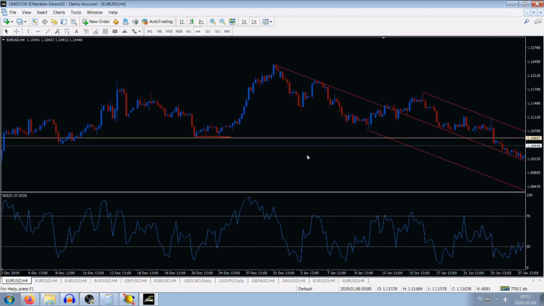Let me show you. If we draw the upper channel line here, so we've got divergence here. Obviously the price has fallen, but it appeared after this fall, so we might neglect it. But if we draw the line here on the tops, you see clearly the price tried to get out here.